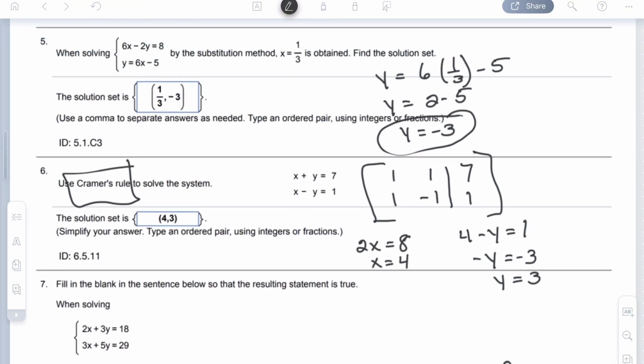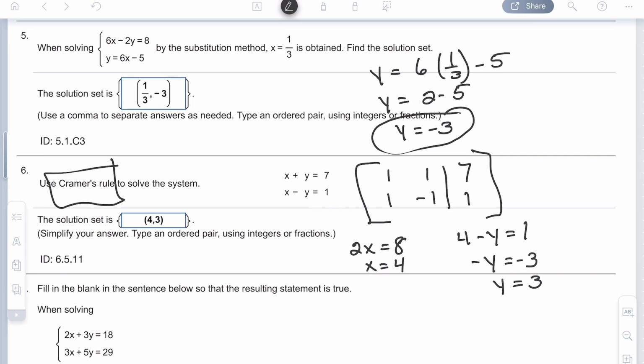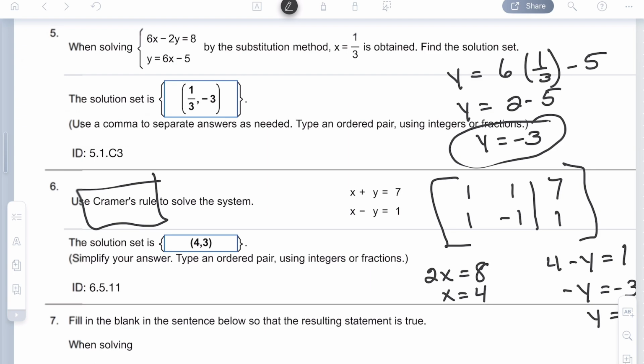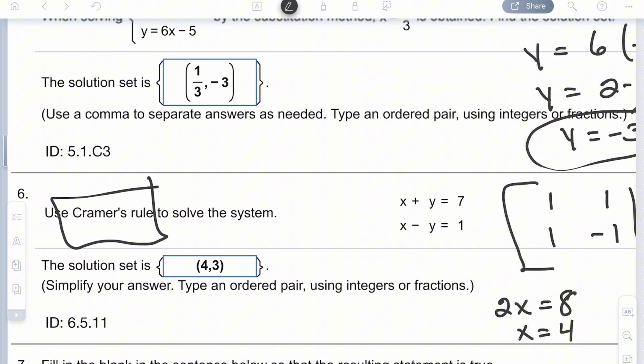Okay, now back to that actual problem. Okay, and I don't have a lot of room, but I'll make it work. So just follow along.